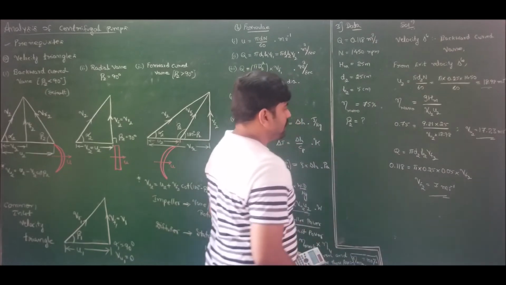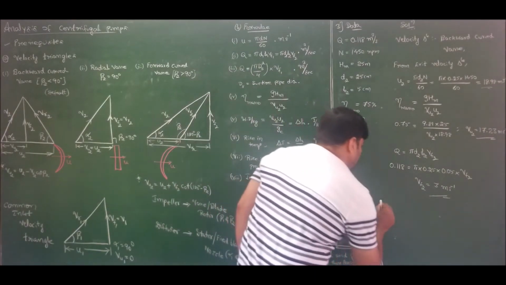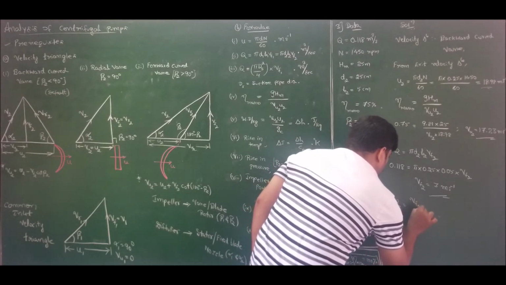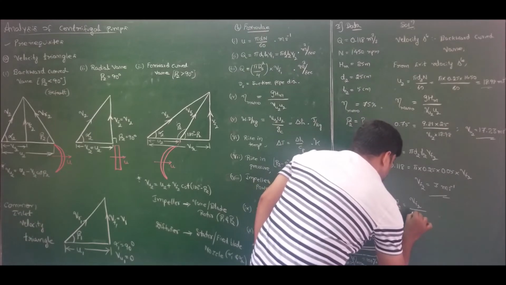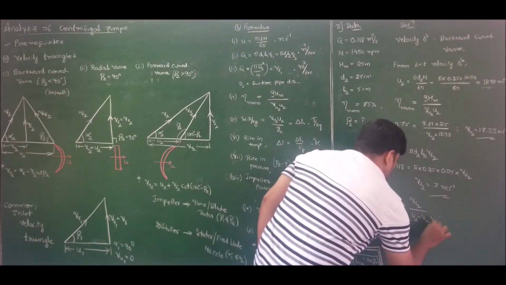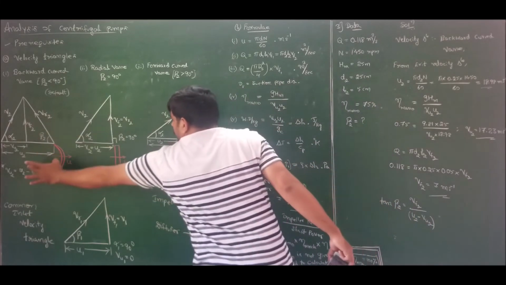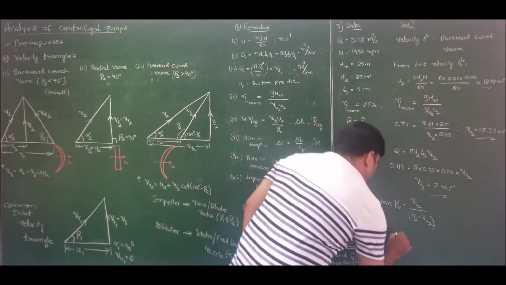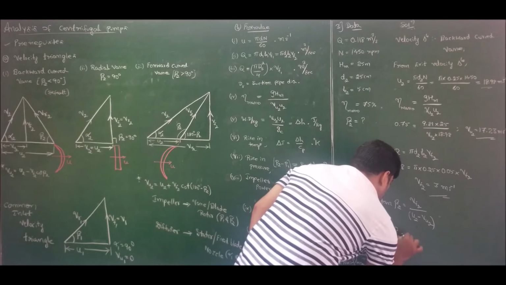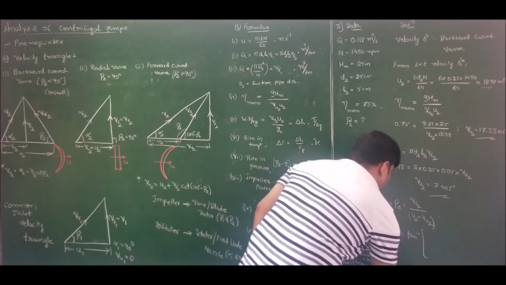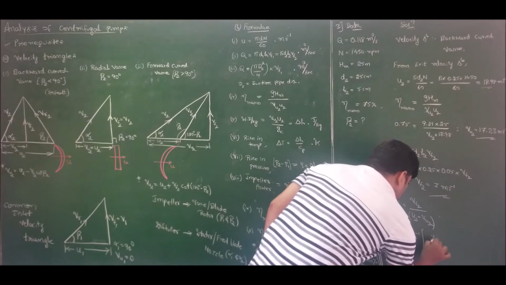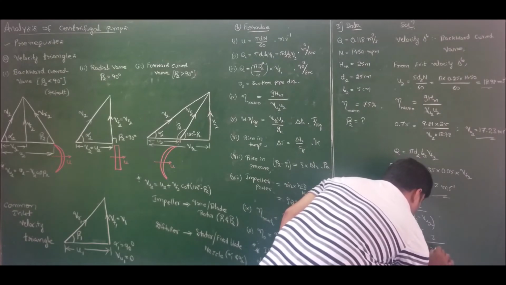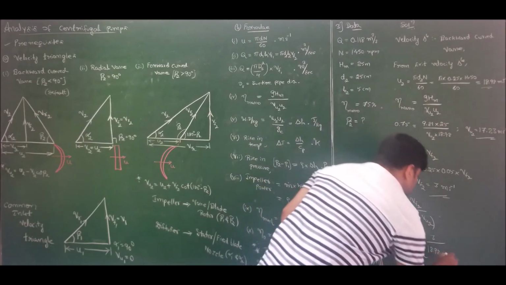So now I can find the value of impeller angle at outlet. That is, tan beta 2 is equal to VF2 divided by U2 minus VU2. So I will get the value of beta 2 as tan inverse of VF2, 3, divided by U2, 18.98, minus VU2, 17.23.